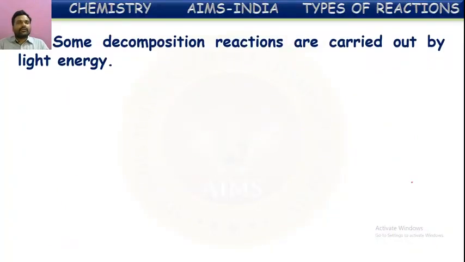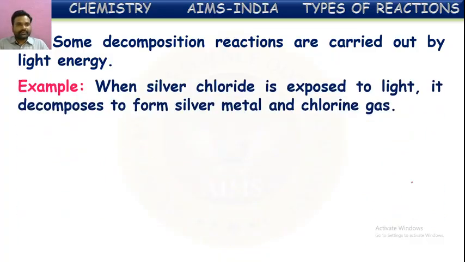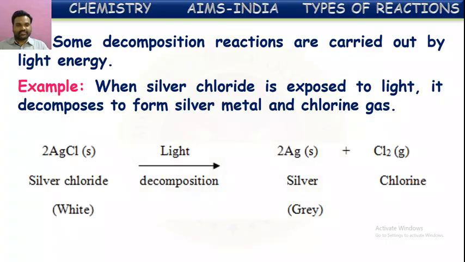Next example, the decomposition reaction which is carried out in the presence of light energy. When silver chloride is exposed to sunlight, it decomposes to form silver metal and chlorine gas. Here we can see an example equationally: silver chloride, if it is kept in the sunlight, splits into silver and chlorine gas.